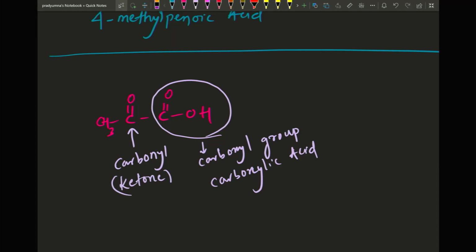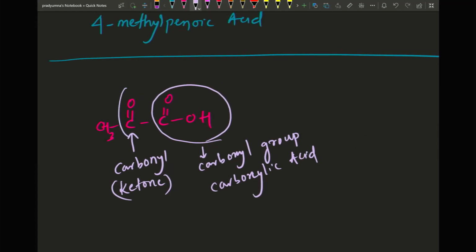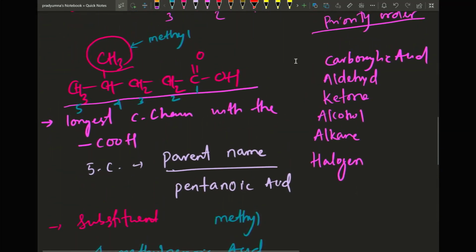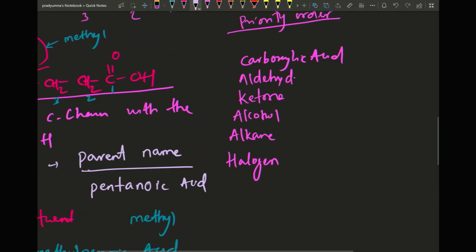All right, if we go to our priority table, we've got two groups, a ketone and a carboxylic acid. Who should get the higher priority? Carboxylic acid is higher in the chain, so the carboxylic acid becomes the parent, and the ketone acts as a substituent. When a ketone acts as a substituent, we call it oxo.